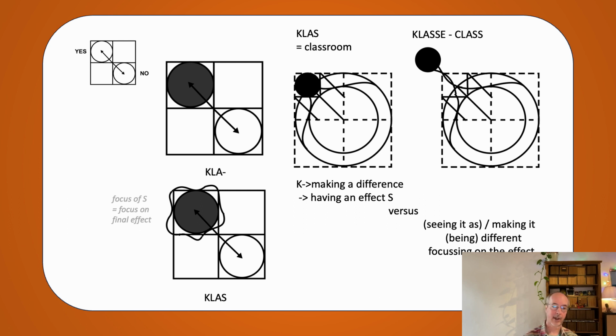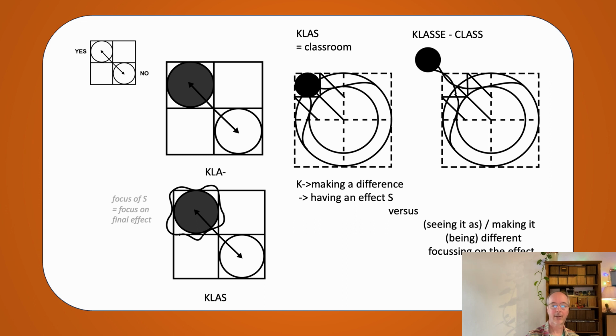The double S actually says no, we focus upon the effect of an effect. So it gives an effect by making something distinctive in space, a classroom. But if we make a distinction from a distinction because of the effect of it, then it is more about the class differences.